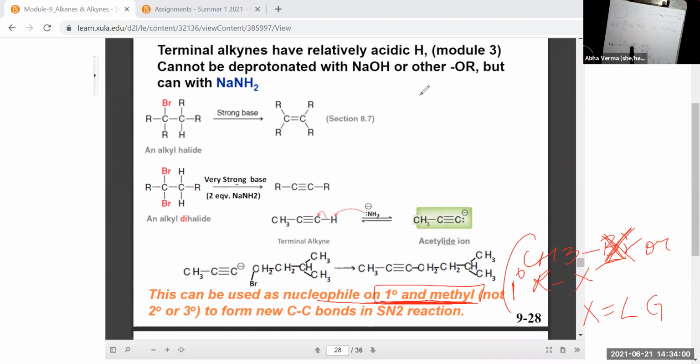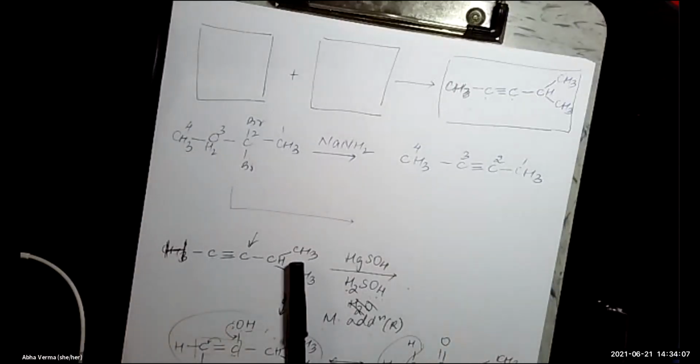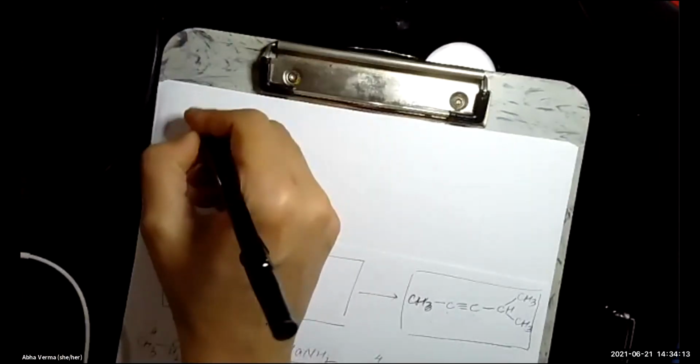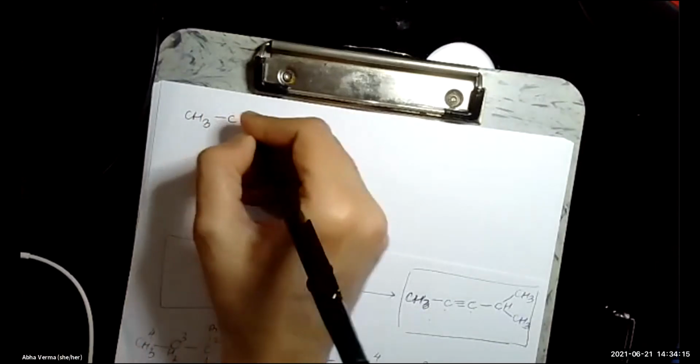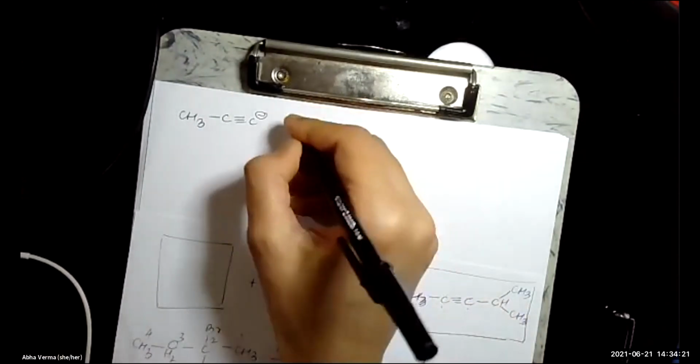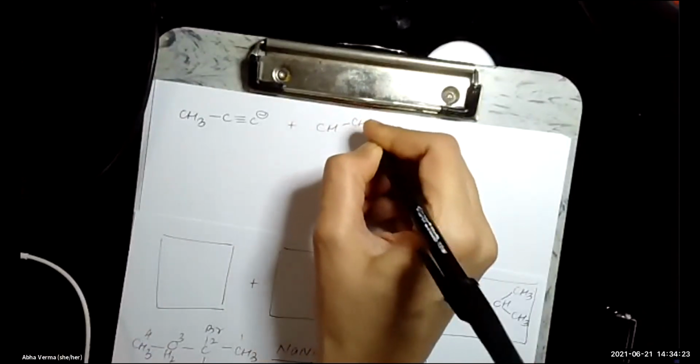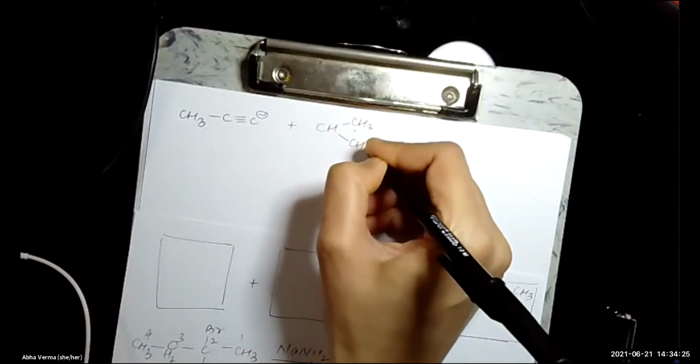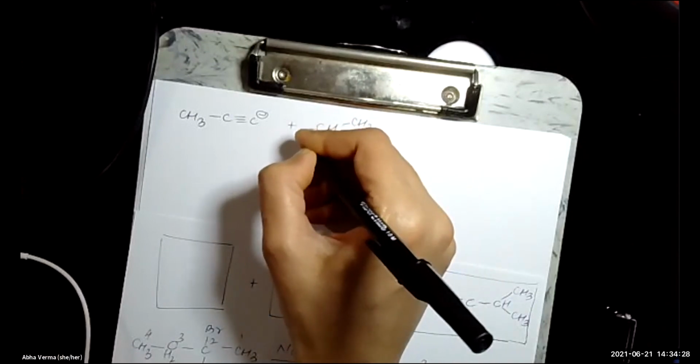That's what I mean here. So when I look back at the structure that we have to make, I have two choices here. I can either make my acetylide like this, and this CH, CH3, CH3 with a good leaving group.